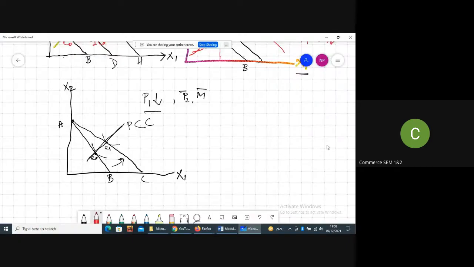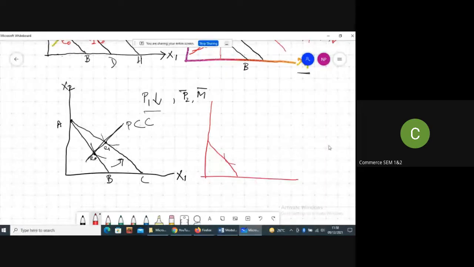Because if commodity 1 is a Giffen good, say this is the initial equilibrium, E0. Now draw a vertical straight line like this. Now for a fall in P1, this is your new budget line. As the price P1 decreases, and if the commodity is a Giffen good, consumption of X1 will also fall.